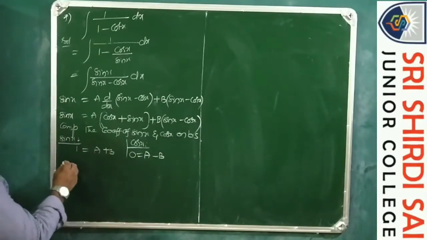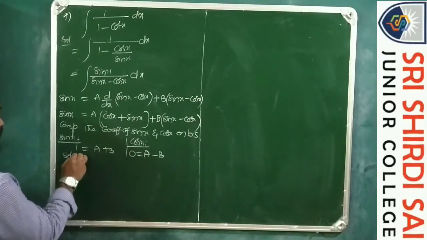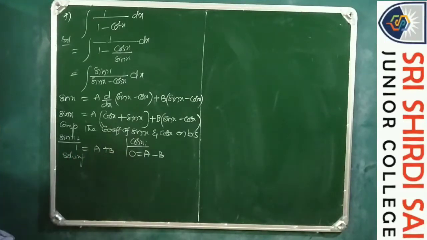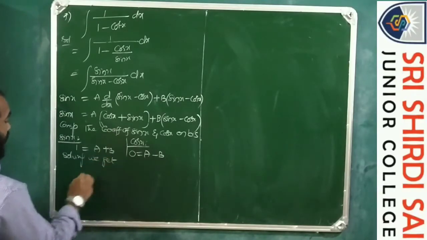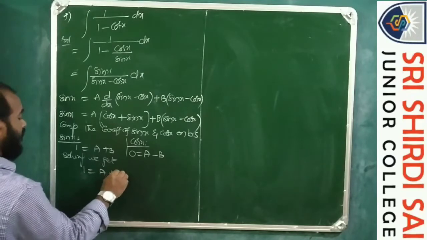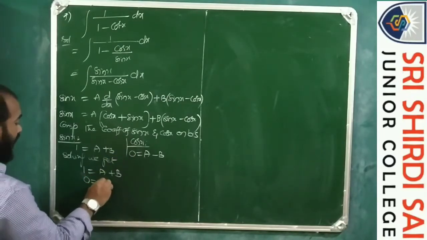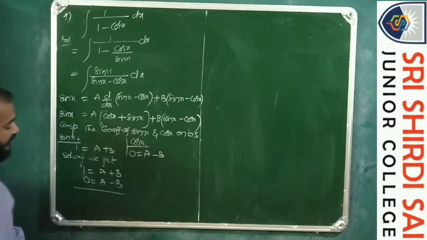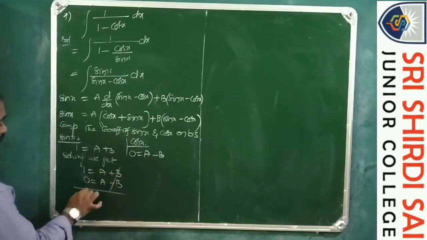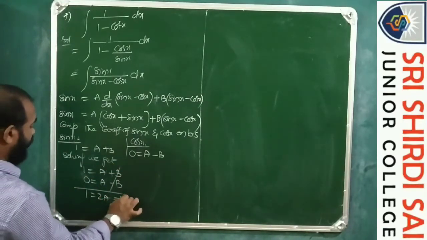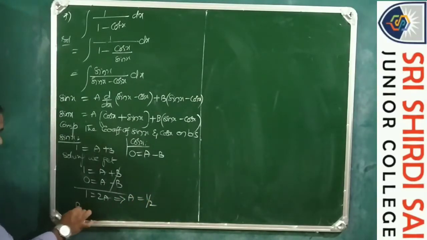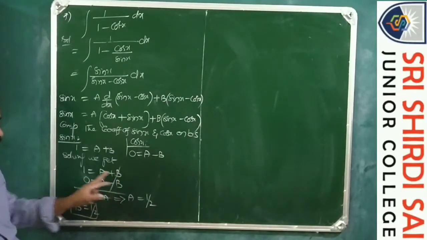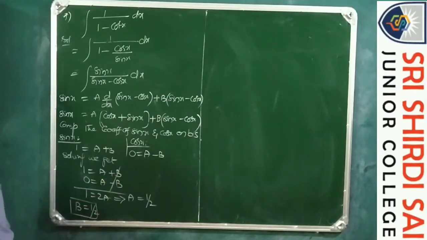Now solving these two simultaneous equations, we get 1 is equal to a plus b, 0 is equal to a minus b. Let us add them together. These two get cancelled. 1 equals 2a, so a is equal to half. From this, b is also half, because 1 by 2 plus 1 by 2 is equal to 1. Therefore b should be 1 by 2.